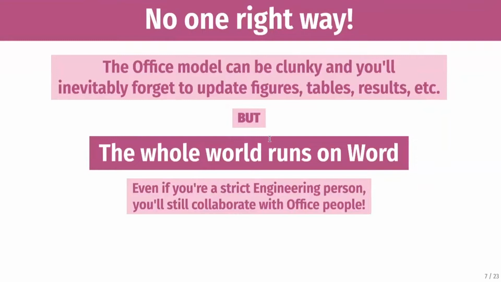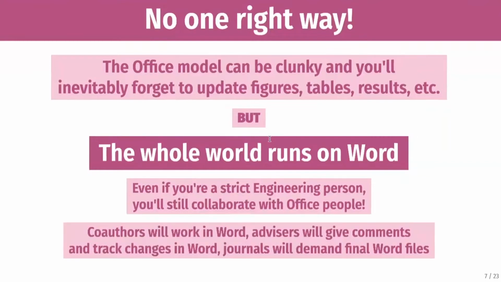Most of my co-authors, I think only one does the same stuff I do. Everybody else works in Word. And so you have to be able to collaborate with them, and you still have to work in the Word world. You'll get comments and tracked changes in Word. Journals will demand Word files. Article or publication places will demand Word files. Everybody loves Word, so you still need to live in that world.